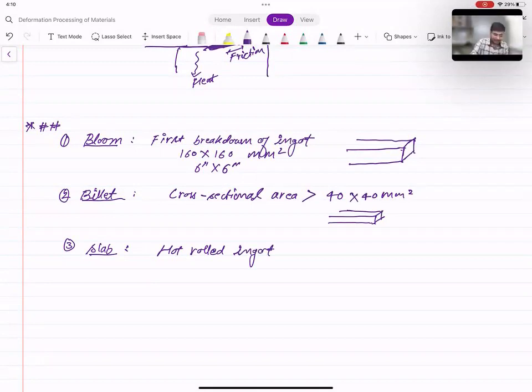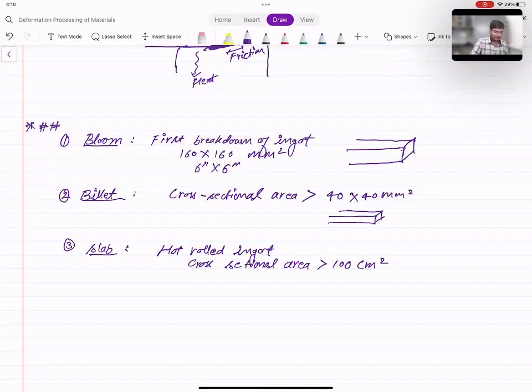And it has a cross-sectional area which is greater than 100 centimeter square. So this is a slab. We will see a little detailed information about this. So there are some mill products.